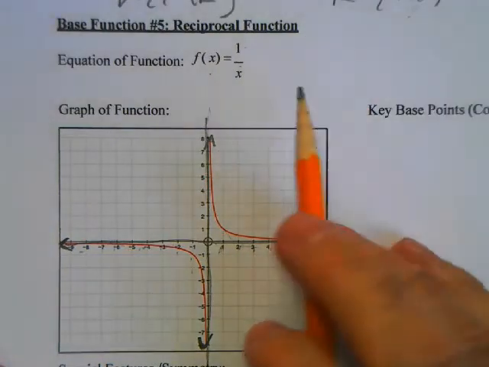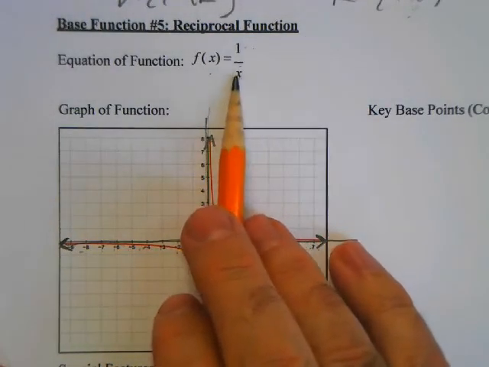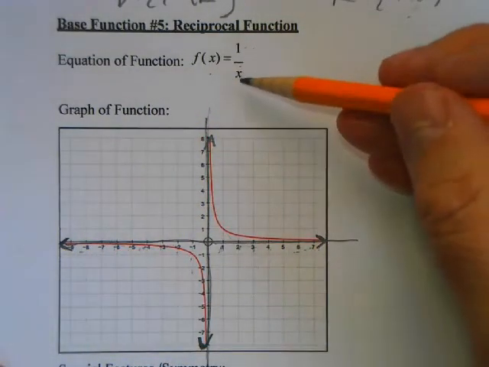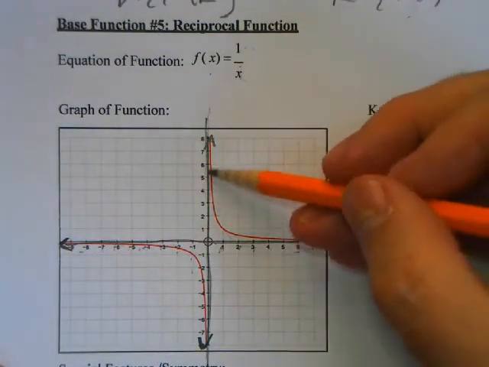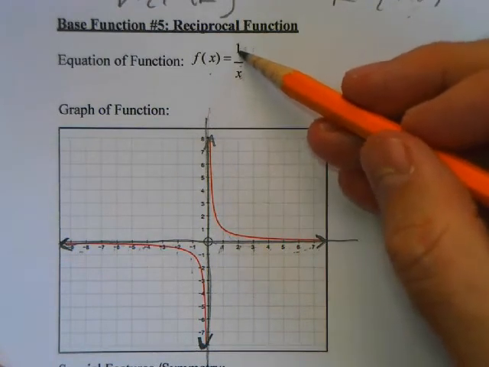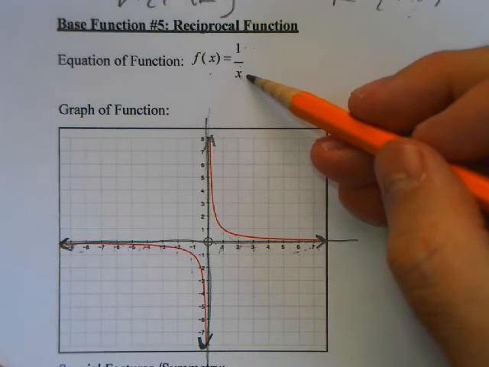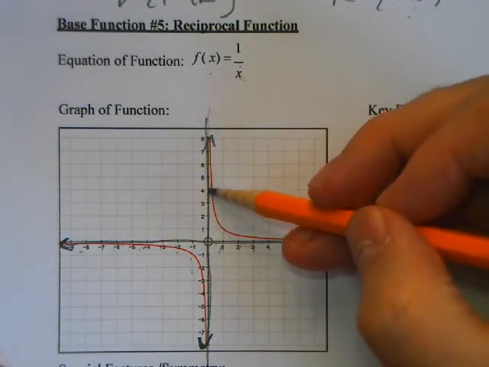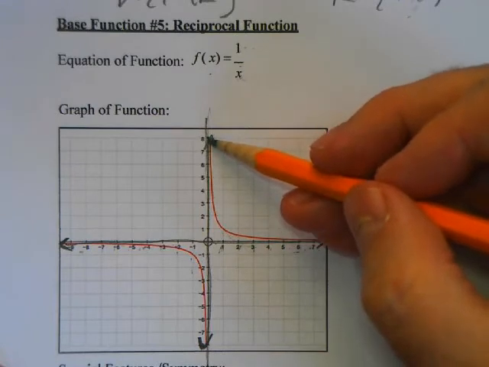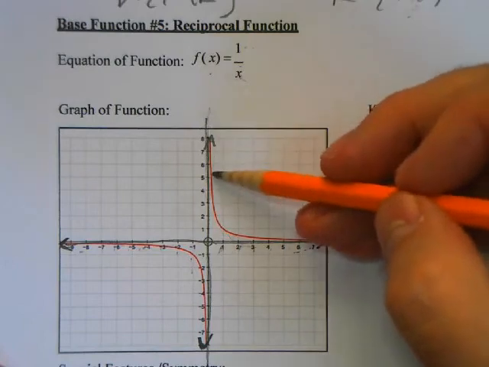So for example, if I picked a really small value, let's go with 1/100th, really close to here, then my y value is 1 over 1/100th, which is actually equal to 100. So it's taking off really fast, getting more and more positive as we get closer and closer to 0.